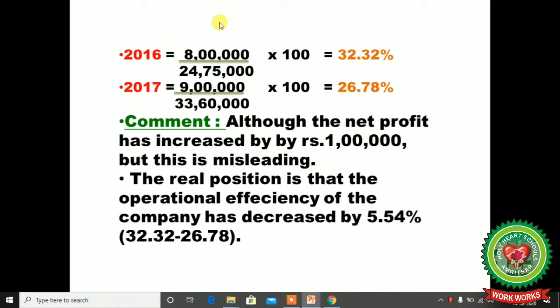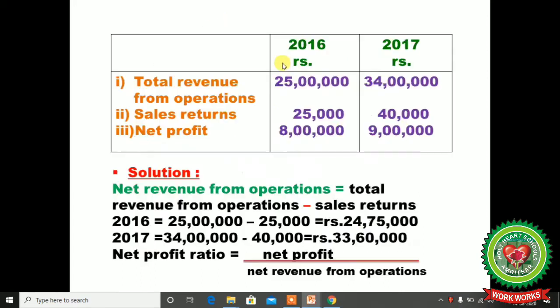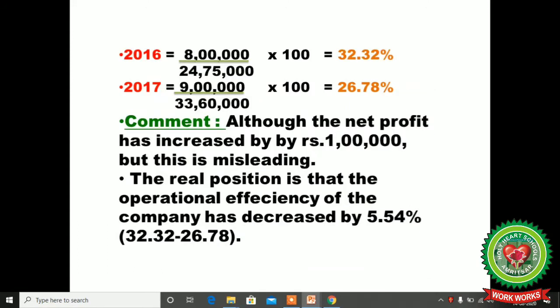After this, see 2016, 8 lakh net profit is already given in the statement, 8 lakh and 9 lakh, and then divide by the net revenue, 24 lakh 75,000 and 33 lakh 60,000, multiplied by 100.